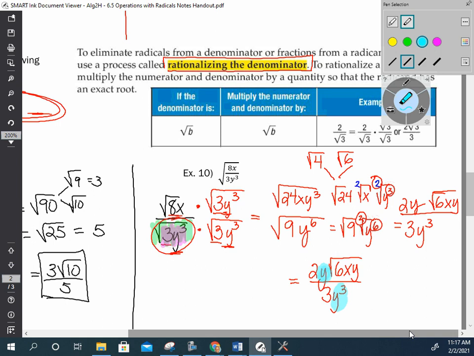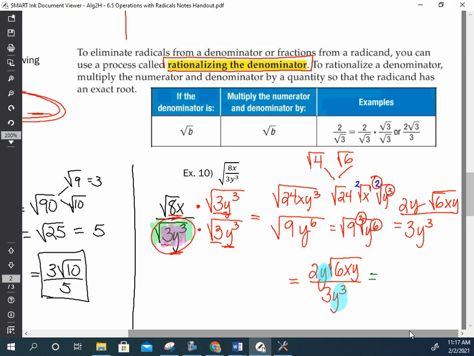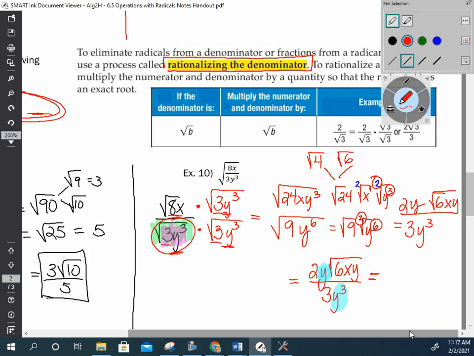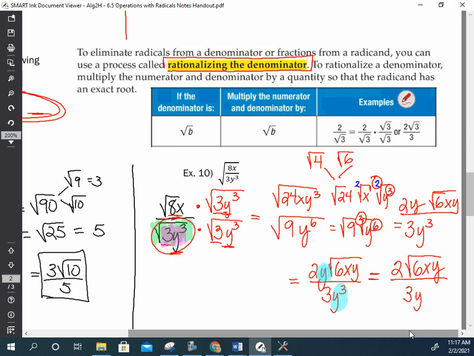Those can be simplified. So that simplifies to 2 square root 6xy over 3y squared.